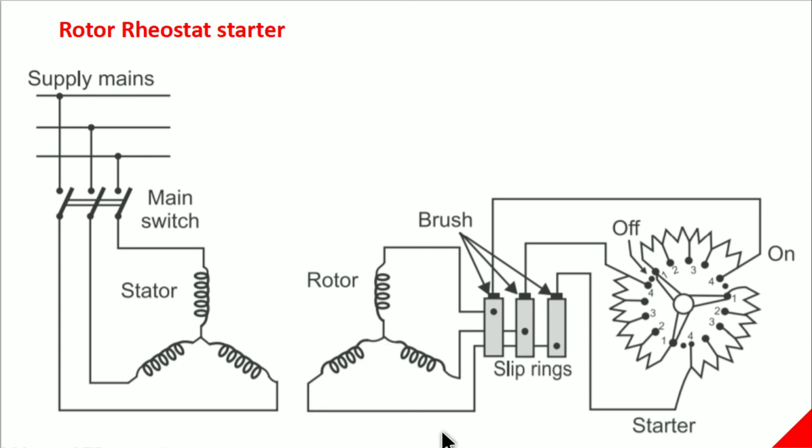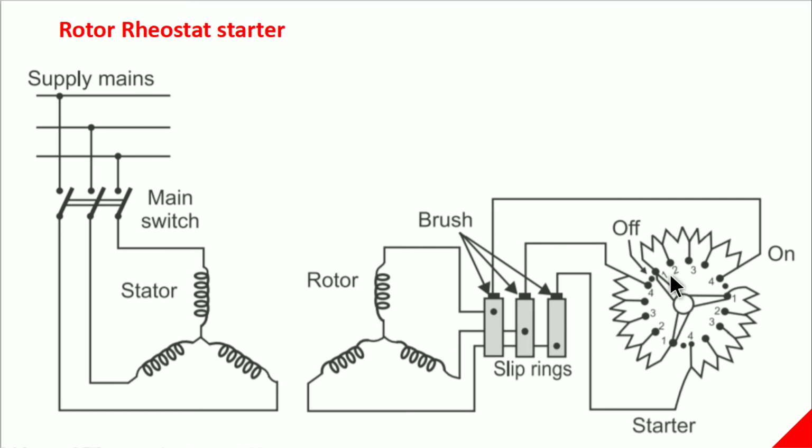The second phase is connected through this slip ring and this resistance, and then through number 1 to here. The third phase through this resistance and the second slip ring to this phase. So all these three phases are having now additional resistance, this R variable, in the circuit.